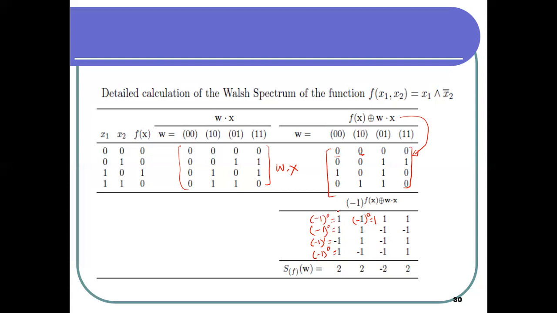In a column-wise manner you have to add all these. In that case, dear student, you will get the Walsh spectrum, f of w, which is 2, 2, minus 2 and 2. So this is the Walsh spectrum.